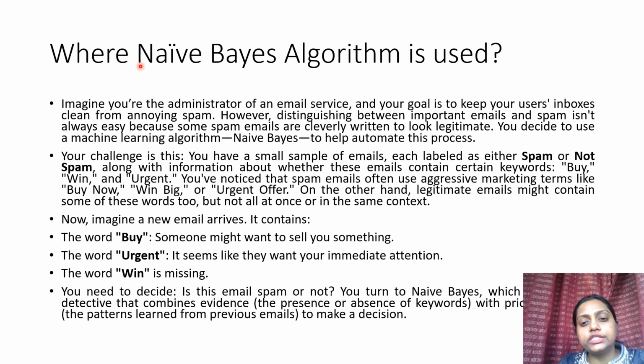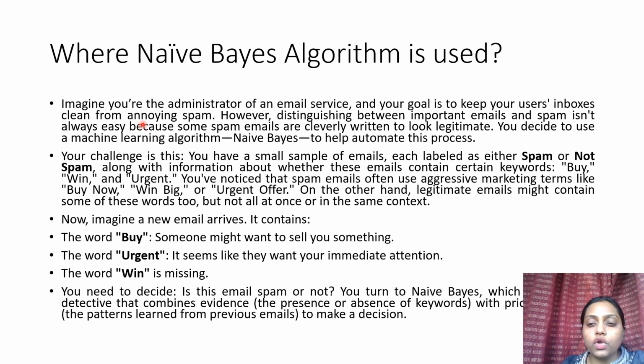However, distinguishing between important emails and spam is not an easy task, as some spam emails are cleverly written, so they look legitimate. So how can you distinguish between these two? That means you have to detect the spam message as well as the normal legitimate message.